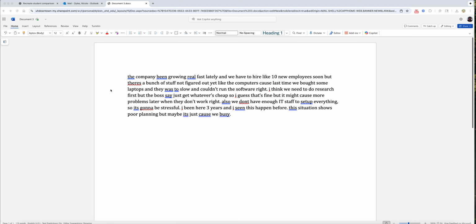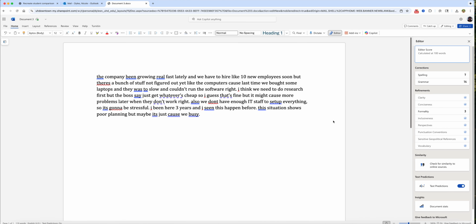You may not have access to the desktop version, but if you have a UHD account, you have access to Microsoft 365, and you have access to Word. Not sure if people know about this function, called the editor, which can help you with editing your documents.